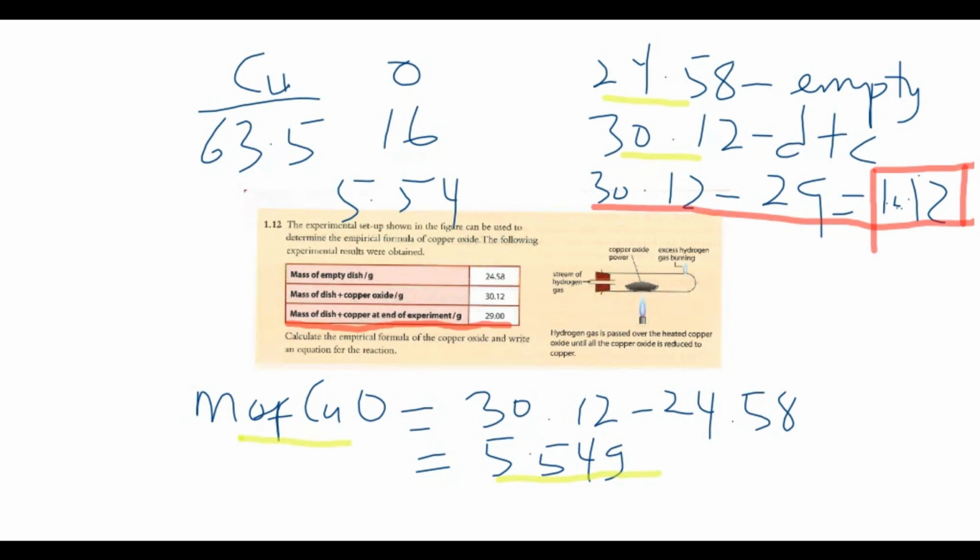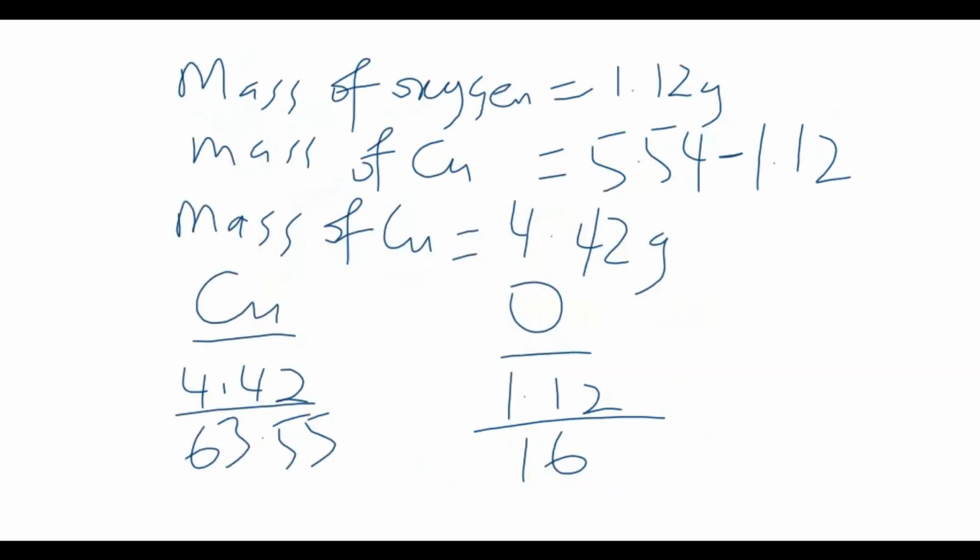So this is our mass of oxygen. Now, if you want to find the mass of copper, it's simple. We just have to take out the mass of oxygen and then we are good to go. What you are left with is the mass of copper, which is 4.42 grams.